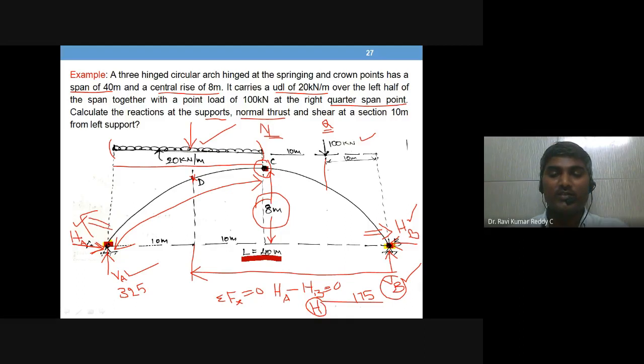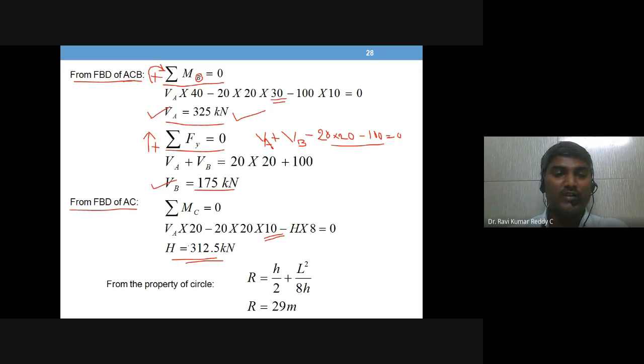Right, so this is what we are able to find out. You are able to find the VA value, the VB value, and you are able to identify that HA is equal to HB is equal to some value H. And to find the H value, you need to employ the fourth equation in the form of a hinge. Wherever you have a hinge, bending moment is 0, and you use that here.